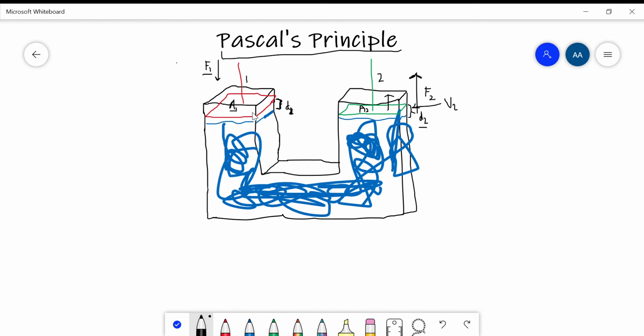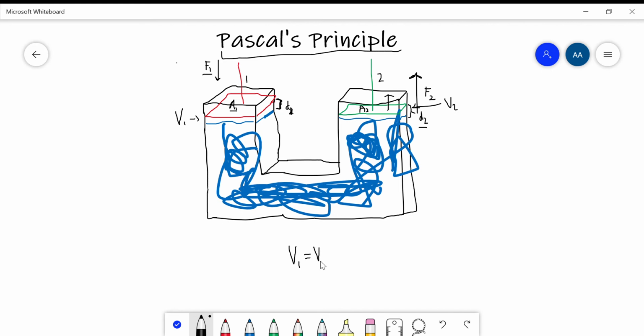So with that, we can say it's going to be the same volume, and that's something you should recognize. V1, it's going to push away a volume of V1, and it's going to push up here a volume of V2. And V1 and V2 are going to be equal.